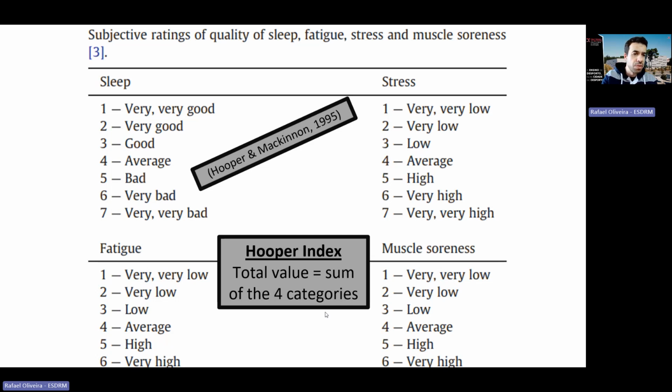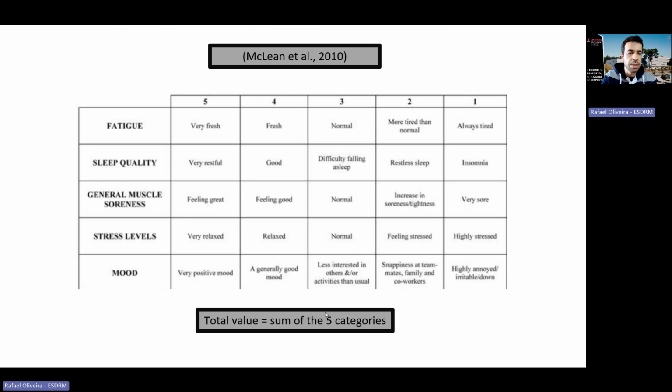Or if you prefer another metric, you can also use the McLean questionnaire, also known as the wellness questionnaire, which includes an additional metric, the mood, the state of mood of a player, which can also influence performance during the training or during the match.